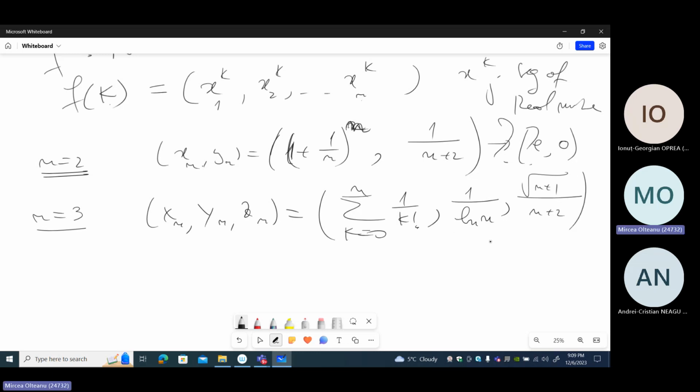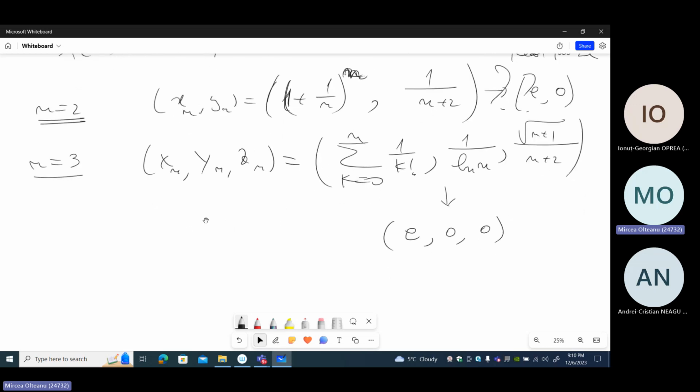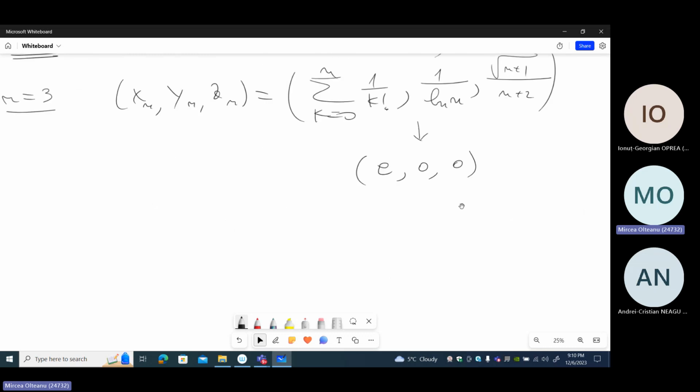If somebody asks you, look, what do you think is the limit of this sequence of vectors? What would you say? (e, 0, 0). Yes, something like this. Okay, so convergent sequences seem to be very natural.